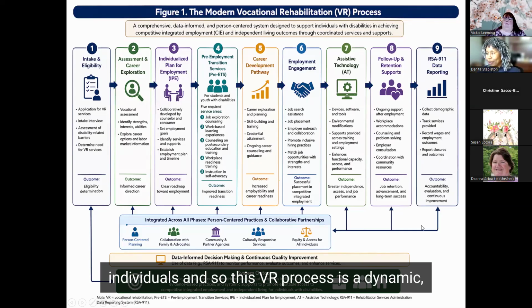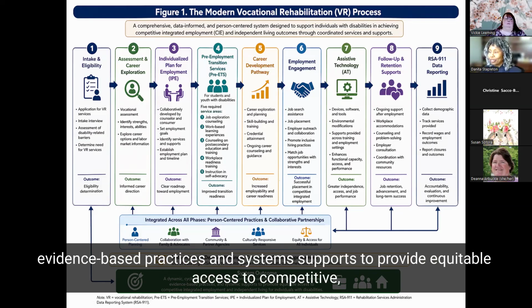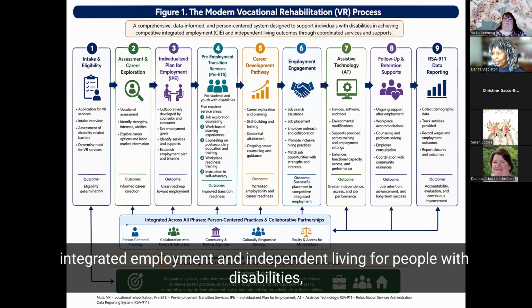This VR process is a dynamic, cyclical, and outcomes-driven process that integrates individualized services, evidence-based practices, and systems supports to provide equitable access to competitive, integrated employment and independent living for people with disabilities.